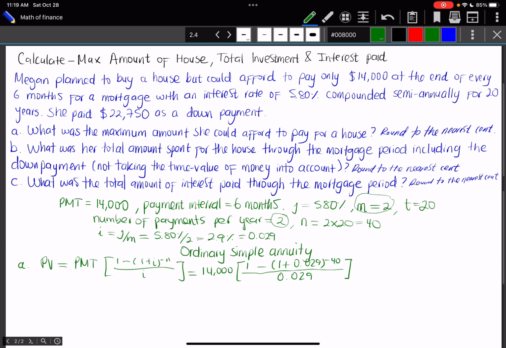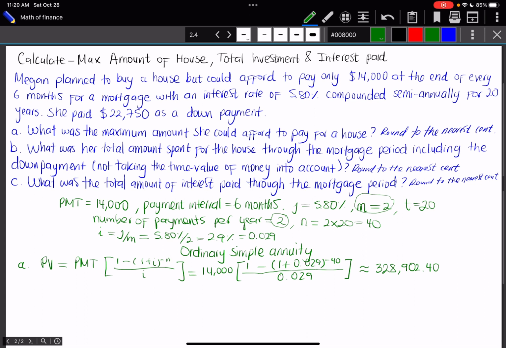And we can use a calculator to compute this amount. When we use a calculator, we get a value that can be approximated by $328,902.40.